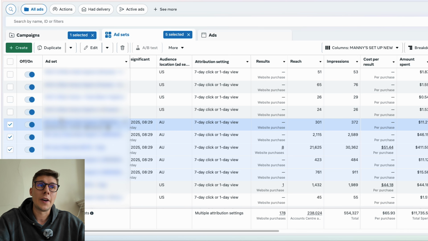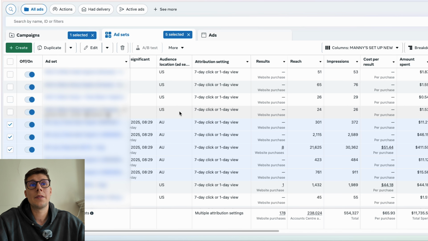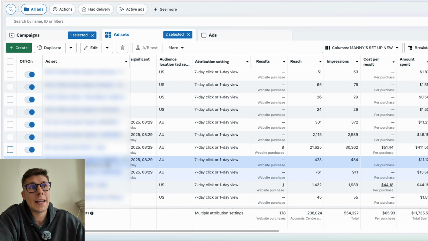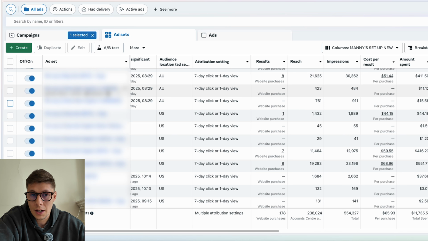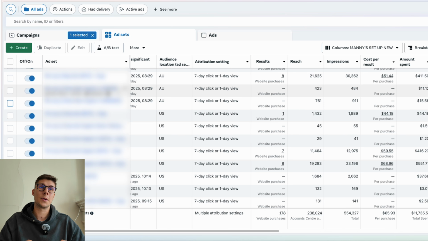Because remember, Facebook is not going to spend on these ad sets or ads unless they believe they can find a winner or a customer within that target range, okay? Very important. If you do run bid caps, you need to have creative volume, because if you're launching this campaign with 5 ads a week, highly unlikely you're gonna be profitable or get spend, okay? Which leads me on to the next part.